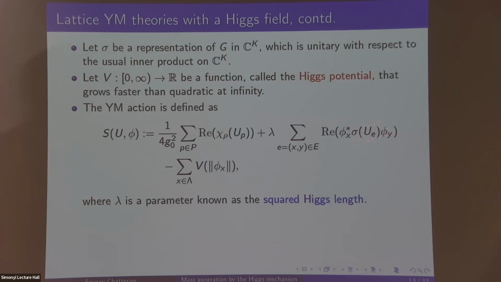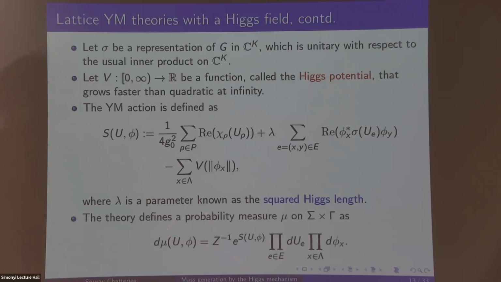Here sigma u_e is a K by K complex unitary matrix, and you take its action on this vector, take the inner product with the vector phi x, and take the real part of that. There is a parameter lambda here. Then you take minus V of phi and norm phi, and you need this so that when you exponentiate, it becomes integrable, so you have a finite integral.